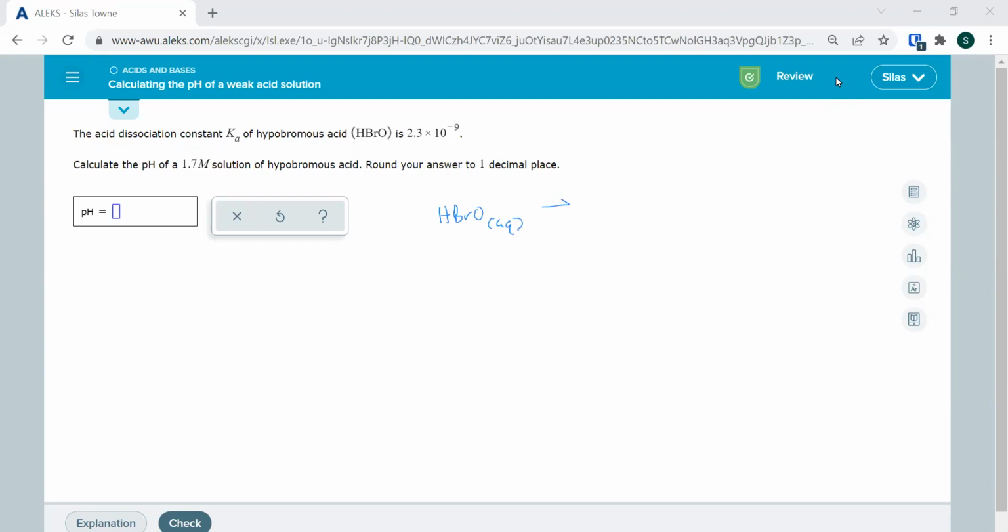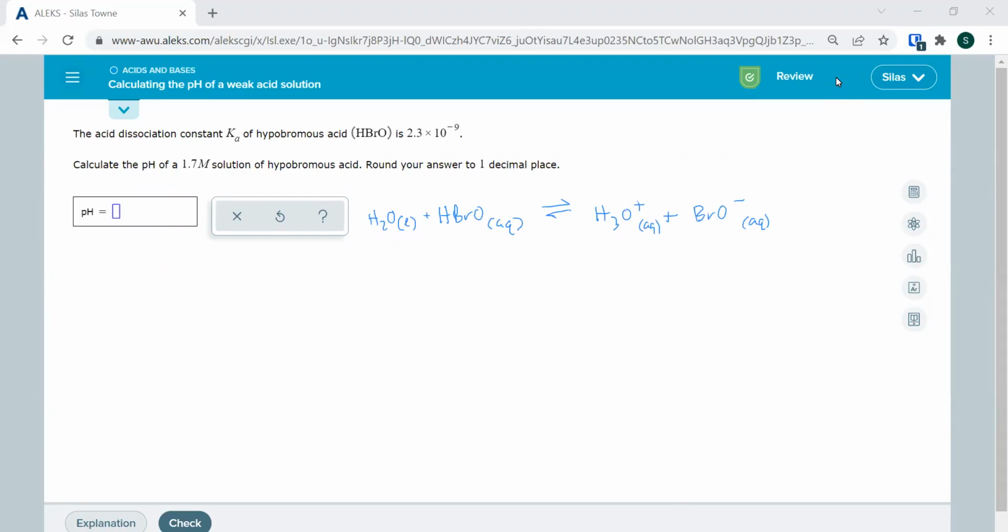Weak acids reach this point of equilibrium where they're forming H3O+, and I could add water right here to make that H3O+, plus BrO-. And so we have this equilibrium going on.